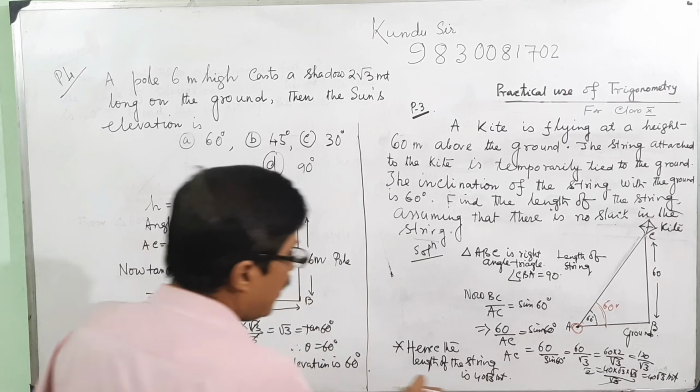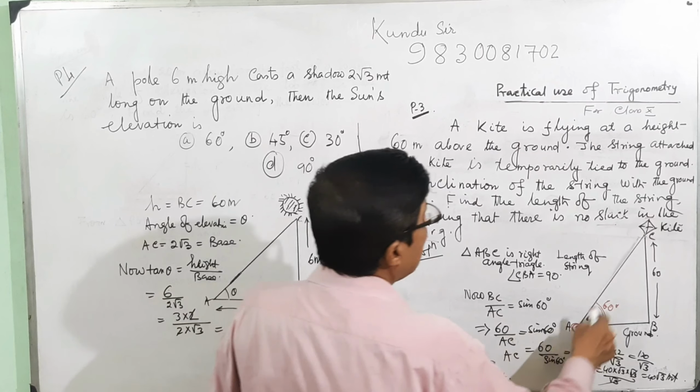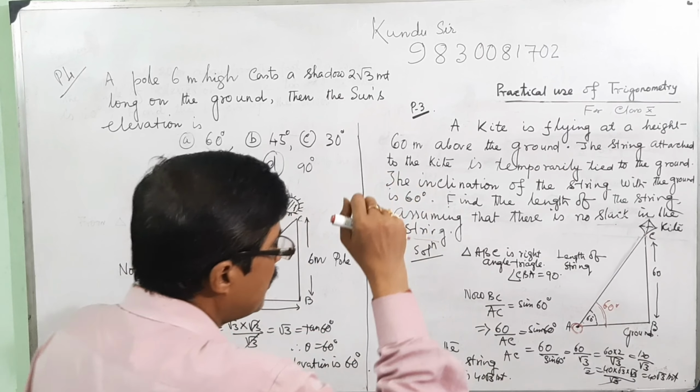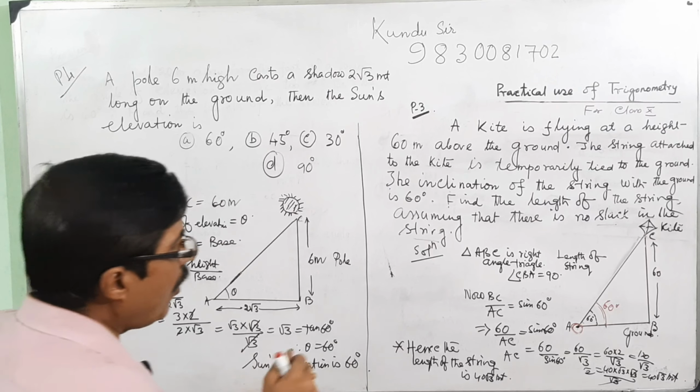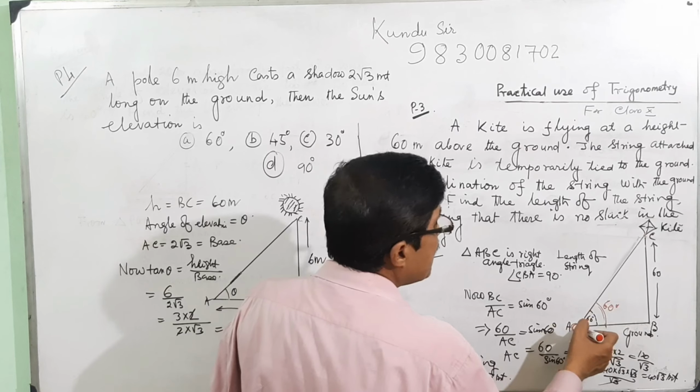That is the hypotenuse, or the line of sight. Now ABC is a right angle and the length of the string is AC.